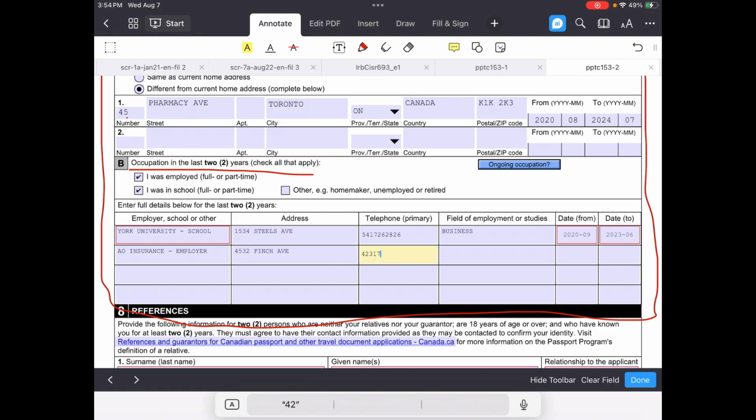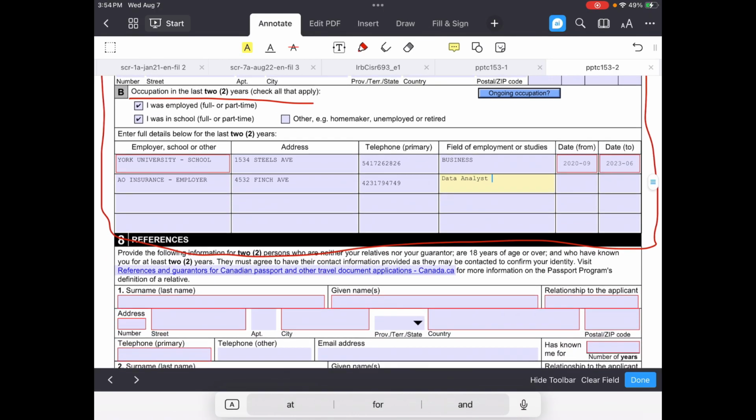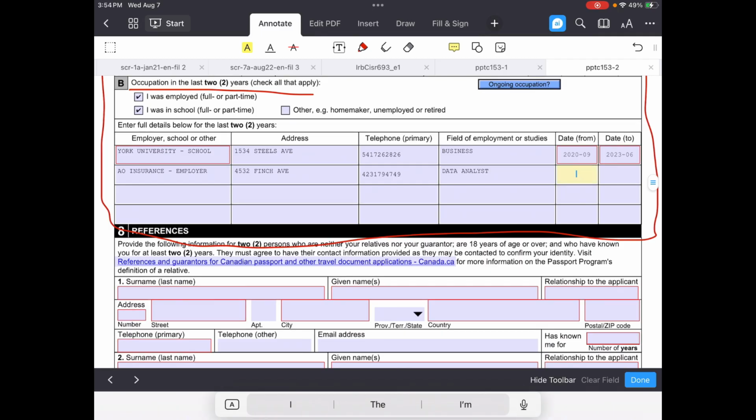Then the telephone number of the company, let's say it's this. And what I'm doing there, I'm gonna say I'm a data analyst. And the date was right after graduation, 2023-07.